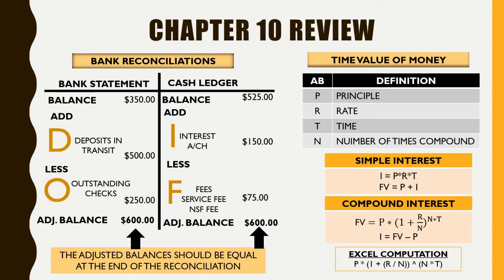So, DO. And on our side, we have some IFs: interest and fees. So when you're dealing with the bank, you're doing DO. If you're dealing with the cash, our side, you have some IFs. And at the end of the day, your ending balances must match.